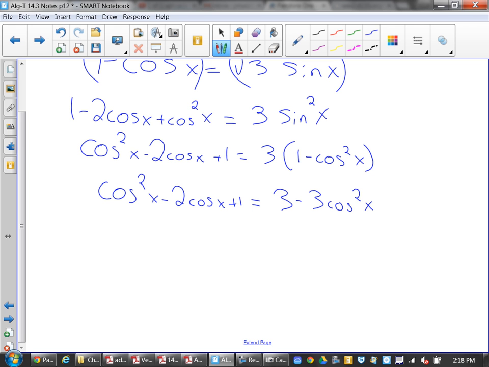Subtract the 3 and add the 3 cosine squared x. What's 3 plus 1? 4.